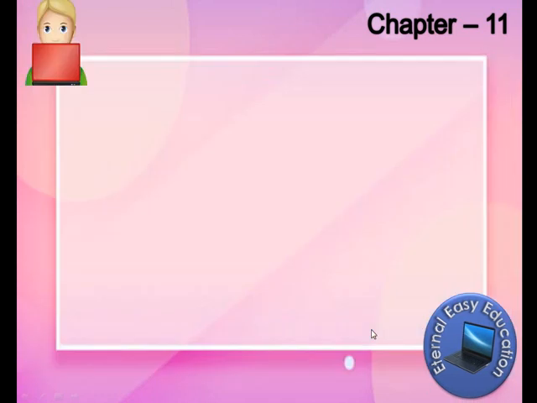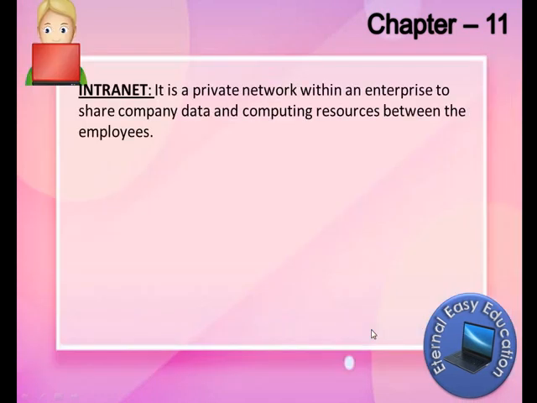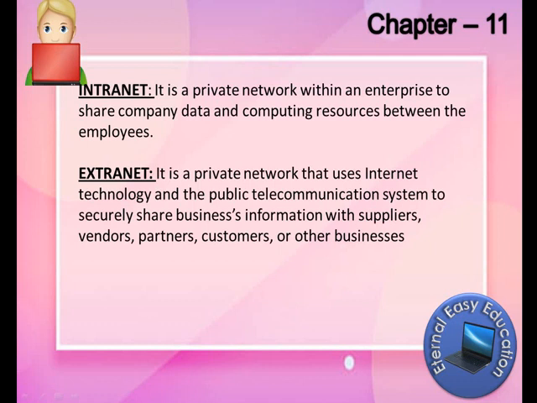So we'll have a recap. Intranet is a private network within an enterprise to share company data and computing resources between the employees. What is extranet? It is a private network that uses internet technology and a public telecommunication system to securely share business information with suppliers, vendors, partners, customers or other businesses.